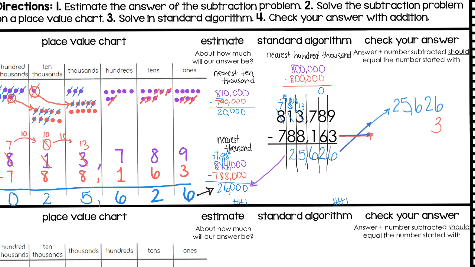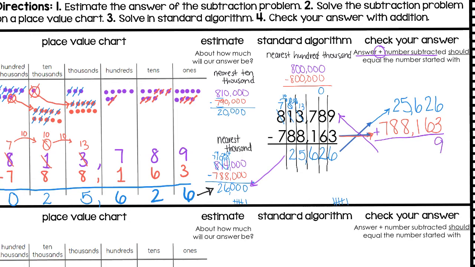And then the 6 under the 2, and the 1 under the 6, and 8, 8, 7. And now we are actually adding the answer plus the number we subtracted so that we can get our original answer. So go ahead, pause the video, add this up, and see if you get the same answer that I do.